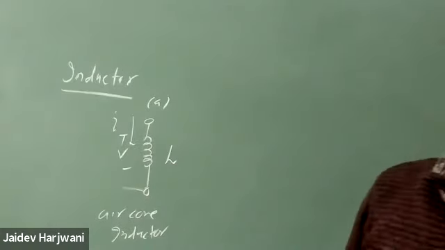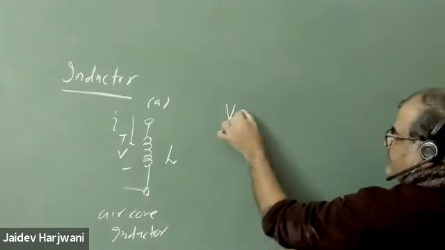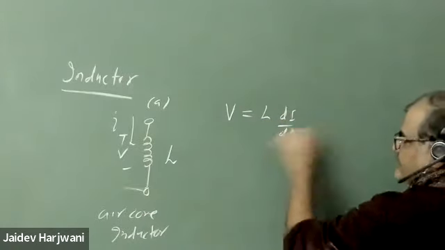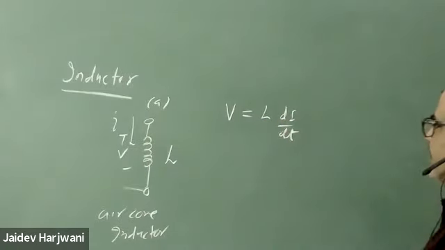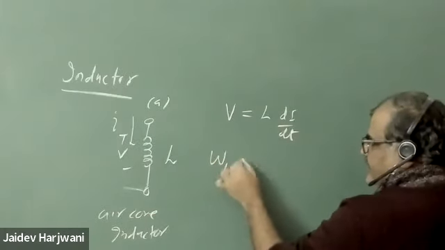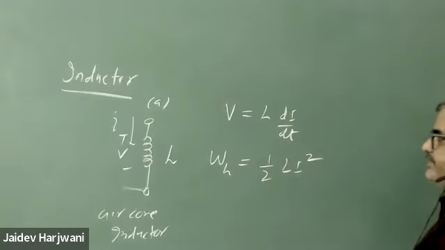Now we know the voltage across an inductor is given by L di upon dt, with a negative sign of course. And the energy stored in an inductor is equal to half L I square.